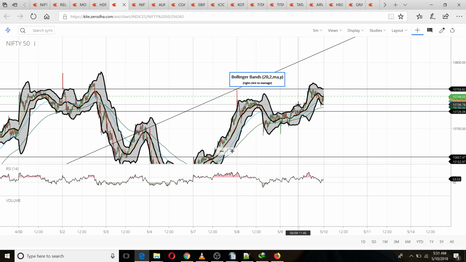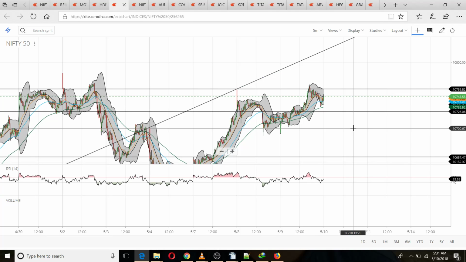Now, unless we see weakness in price action and also in options data, there is no point in shorting the market. I'm looking for a shorting opportunity, but I'm not getting it, and that's what I call a classic example of trade what you see, not what you think.